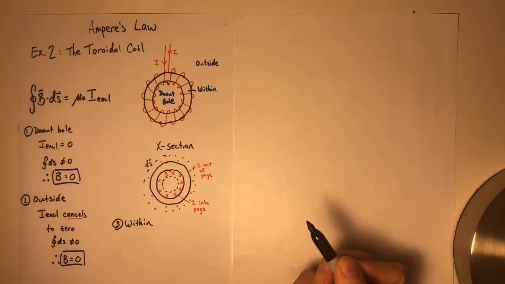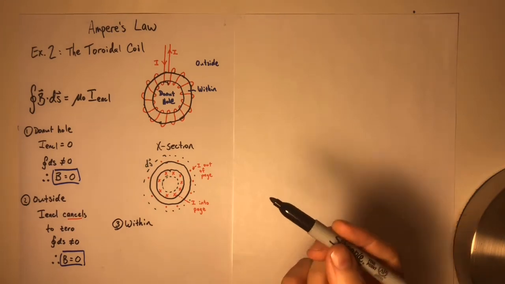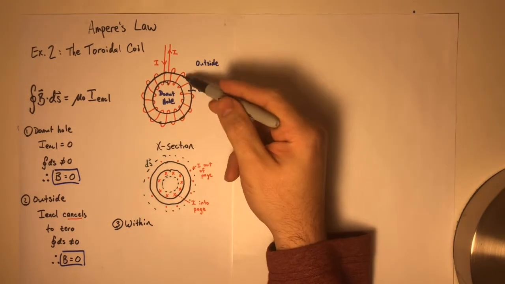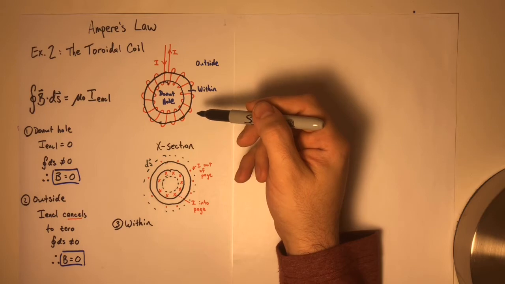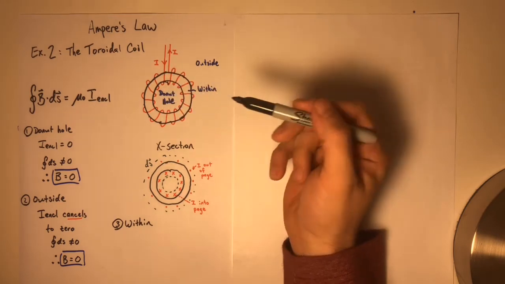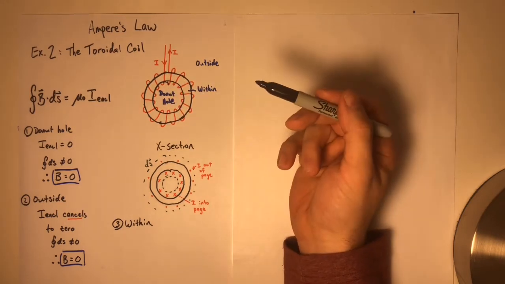As for the region within the toroid, we are going to have to make an arbitrary decision about how many coils there are here. We can't do something like we did for a solenoid where there's just simply a number per unit length, and that's a number that you could vary.